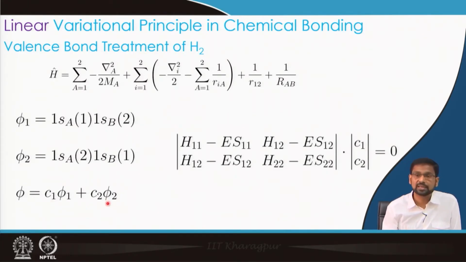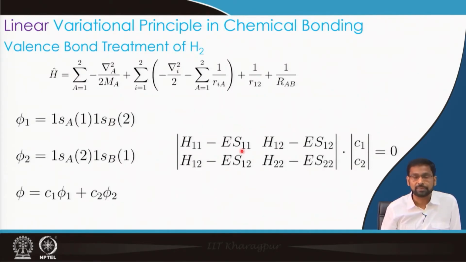Now, the moment I see that the trial function is a linear combination of 2 functions, I already know that to solve this variational problem, I have to look at this 2 by 2 determinant. It has several terms: the overlap integrals S11, S12, S22, and the energy integrals H11, H12, H22.